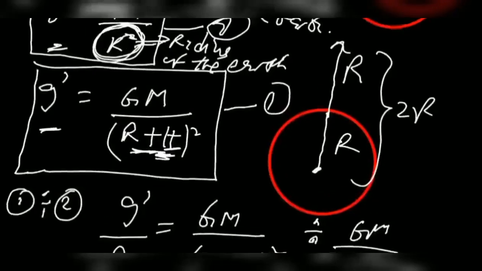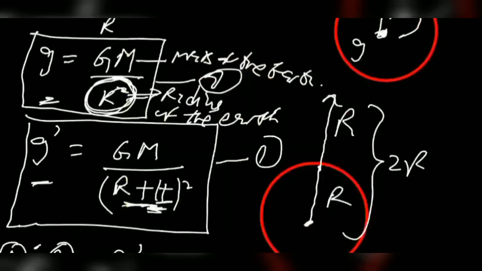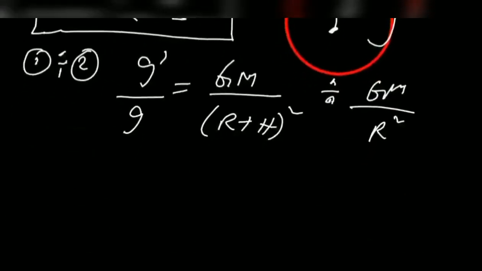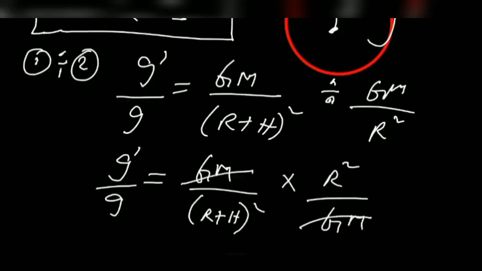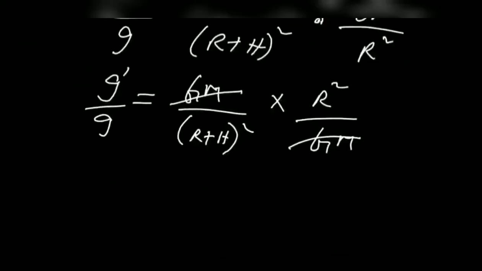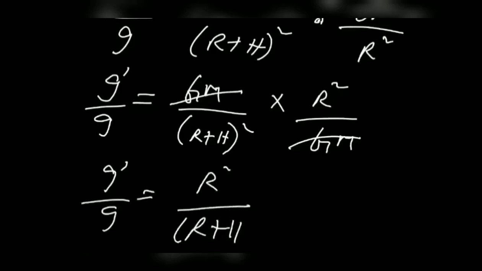I'm dividing this one by this one. So from here, g prime over g equals GM all over (R plus h) all square times R square all over GM. This will take care of this. Then I'll have g prime over g equals R square all over (R plus h) square.